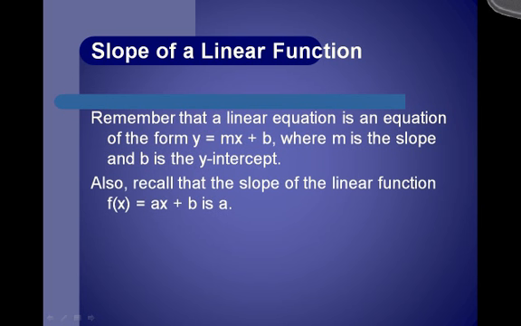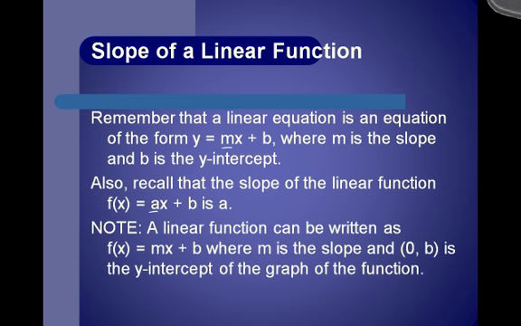Notice that the linear function and the linear equation are exactly the same form except for the coefficient of the x. Well, a linear function can also be written as f of x equals mx plus b, where m is the slope and 0, b is the y-intercept of the graph of the function.